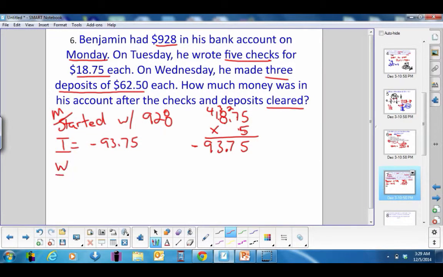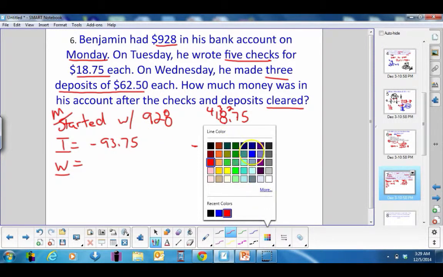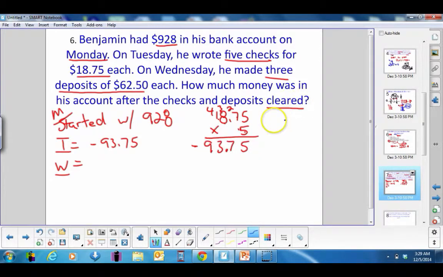Okay, so let's go ahead and figure out what happened on Wednesday. On Wednesday, it looks like he made 3 deposits of $62.50. Okay, so a deposit is money that I add. So I'm going to work that out over here. So $62.50, and it was 3 deposits, so I'm going to multiply that times 3.